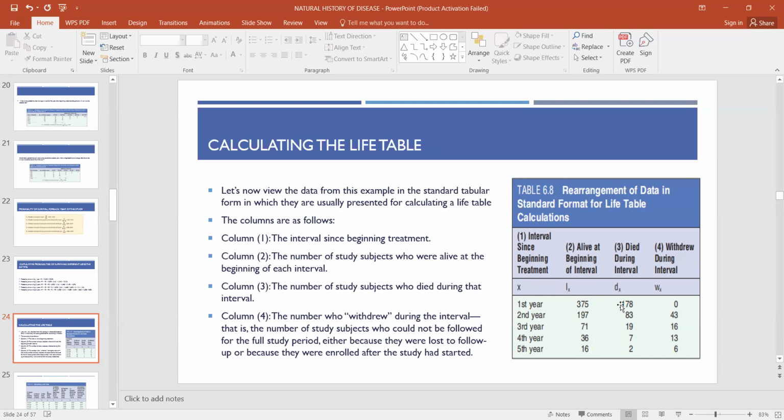Column 3, the number of subjects who died during the interval. And column 4, the subjects who withdrew during the interval. This is the number of study subjects who could not be followed for the study period, either because they were lost to follow-up or because they were enrolled after the study started.